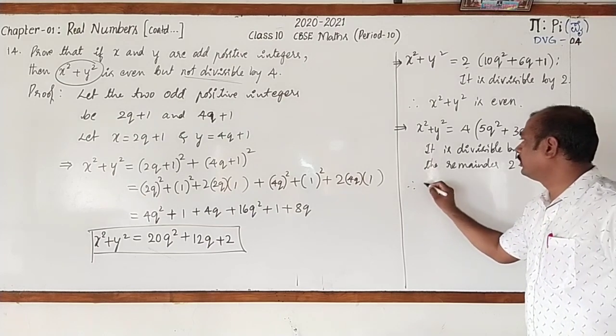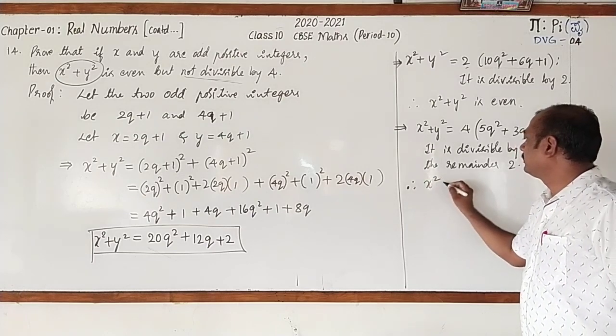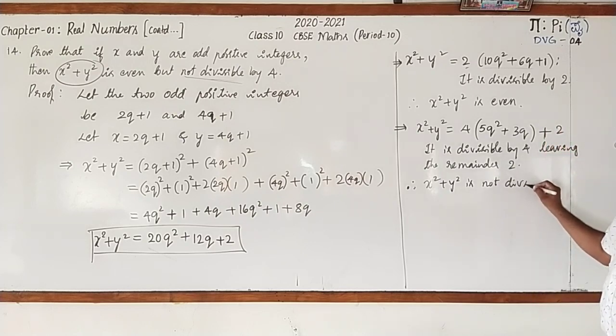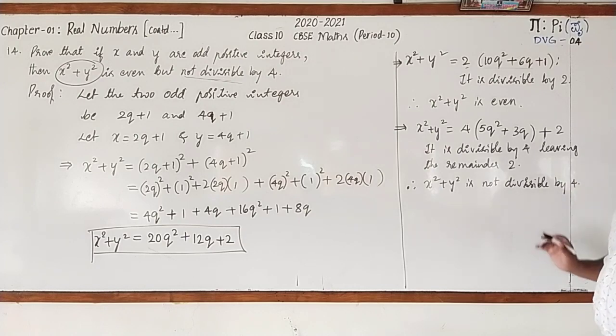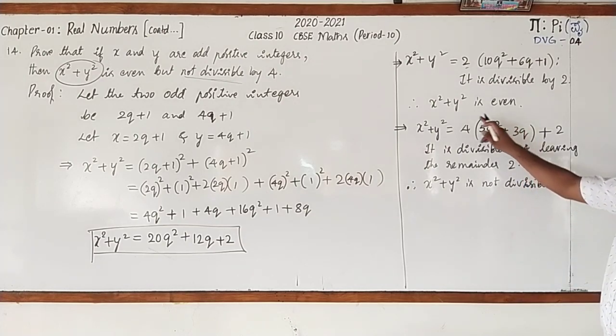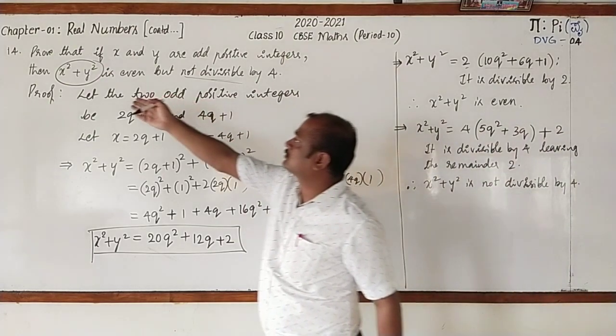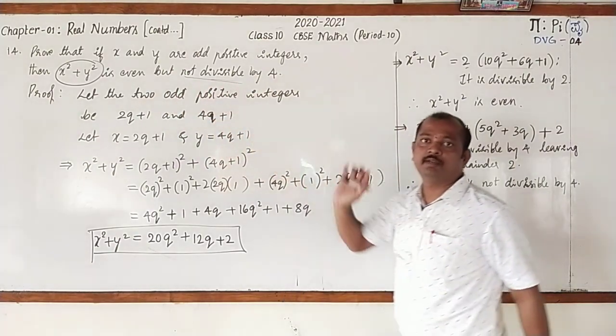No. Therefore, x square plus y square is not divisible by 4. Clear? Observe the statement: x square plus y square is even but not divisible by 4. Same thing.